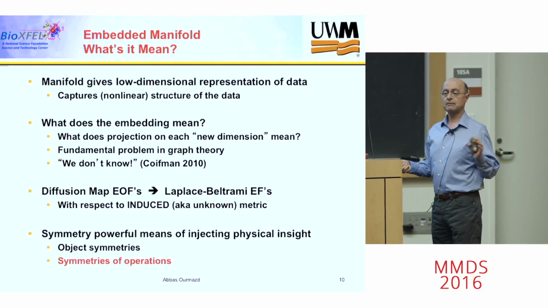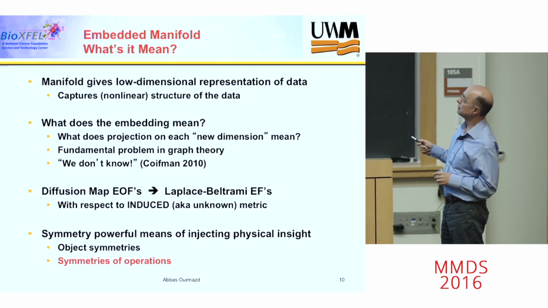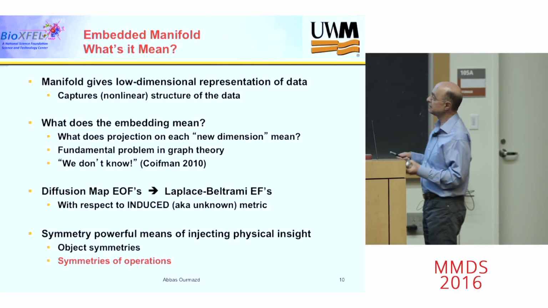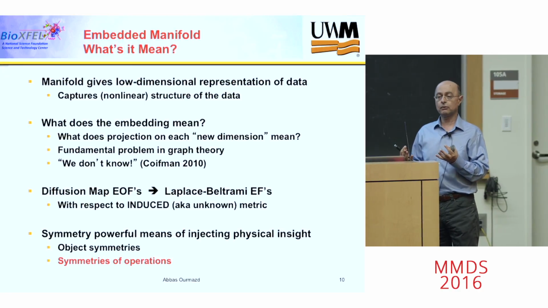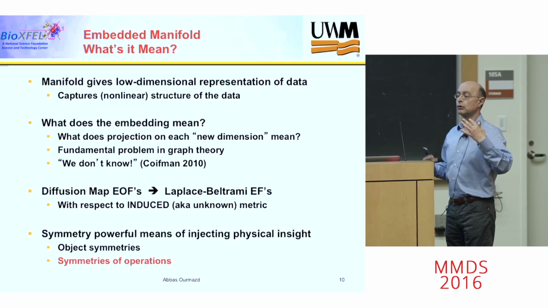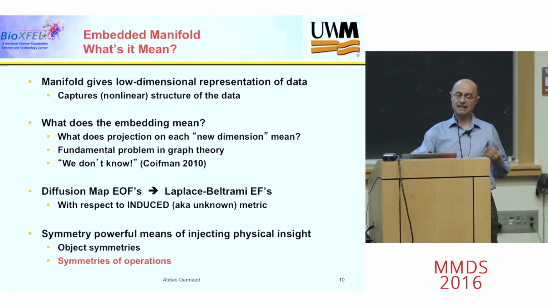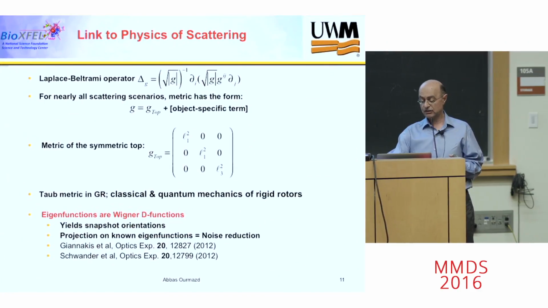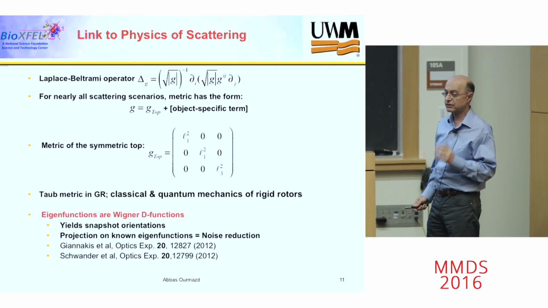The only thing I want to say, by way of bypassing this, is that you have powerful information from the nature of the space in which these operations are performed. For example, if you know that the snapshots are from somebody's head, then you know that the latent space you're dealing with has a particular symmetry, the SO3 group with an appropriately known metric.